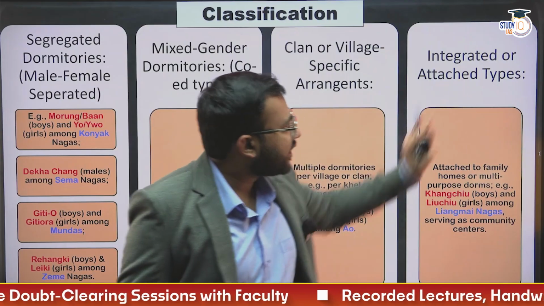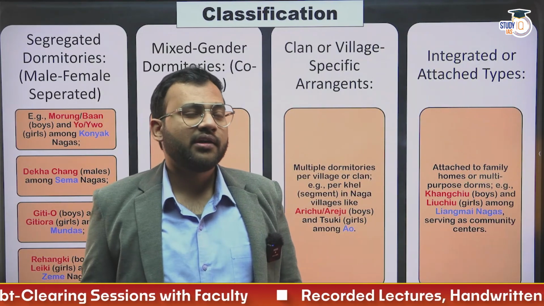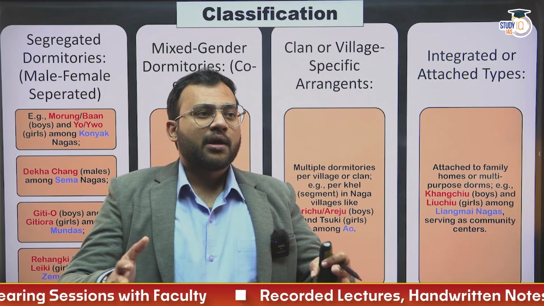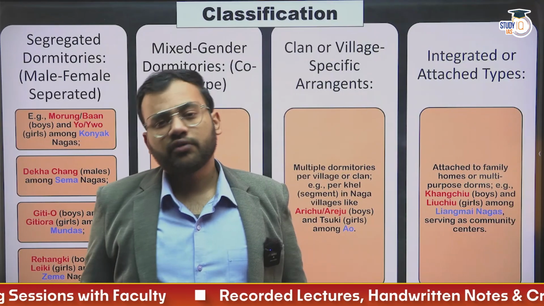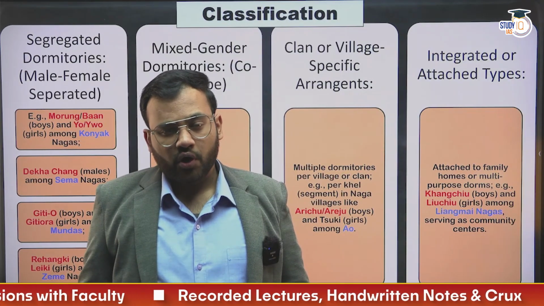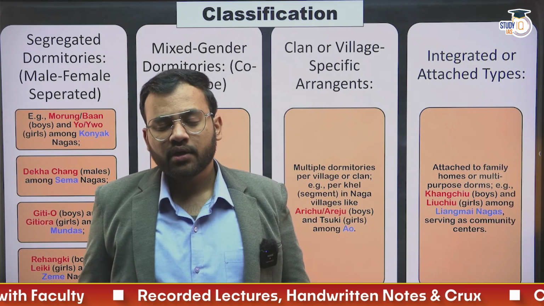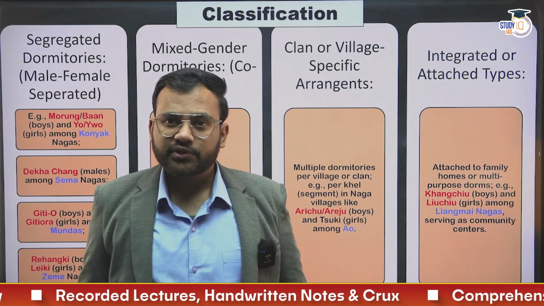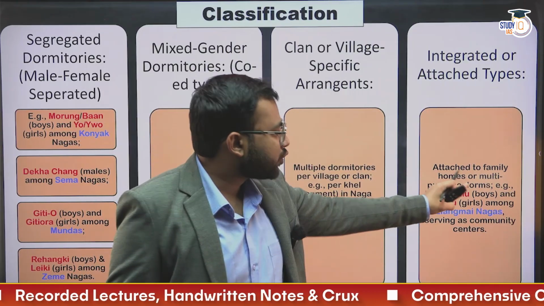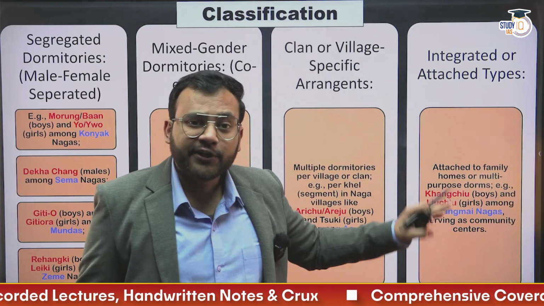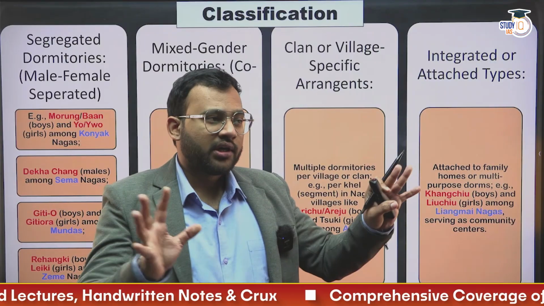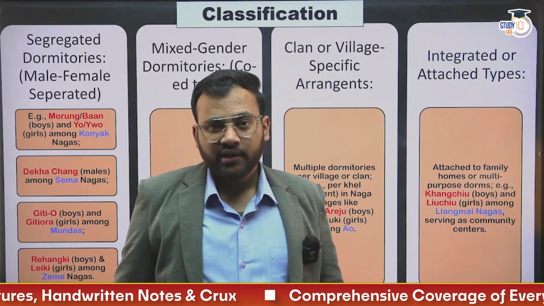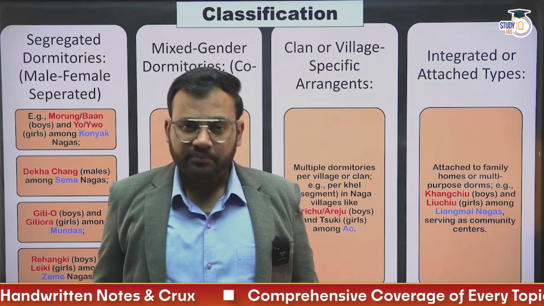Next is the integrated or attached type. Here, within the compound of the houses, or in the vicinity of the household, the youth dormitories are present. Okay? So, what is it? It is attached to the family homes, or these are dorms which are multi-purpose. They are not specifically youth dormitories. They are used for other purposes as well.